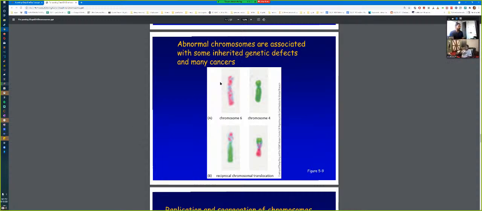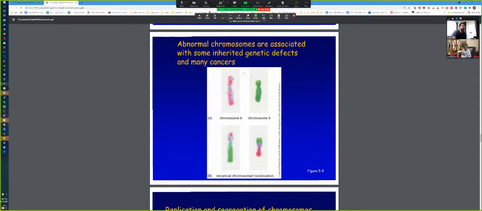So we have chromosome 6 here and chromosome 4 here. And here we have a type of chromosomal mutation, which is the worst type of mutation because a DNA mutation is on a small scale. But if you have a mutation at the chromosomal level, it's huge, right? So what you basically have here is a reciprocal chromosomal translocation.